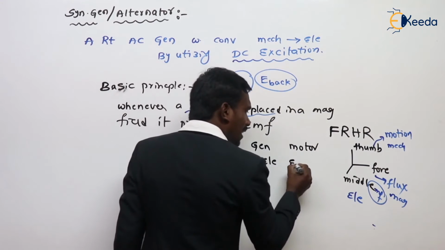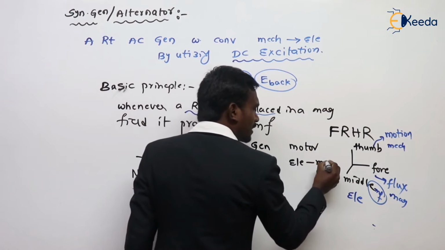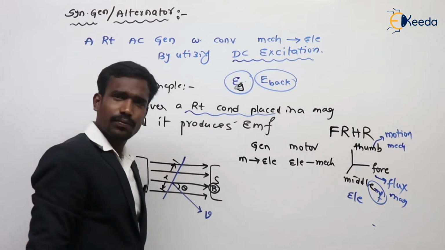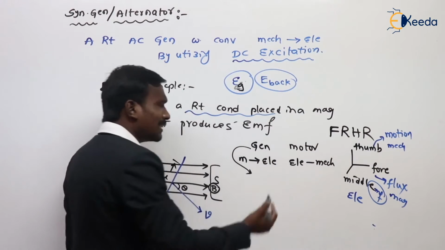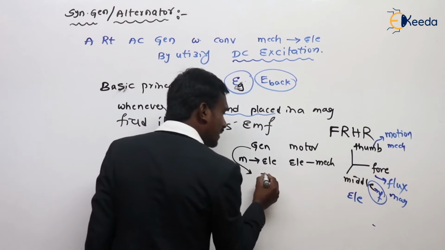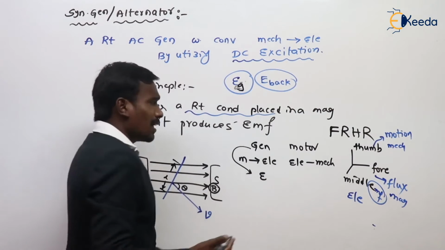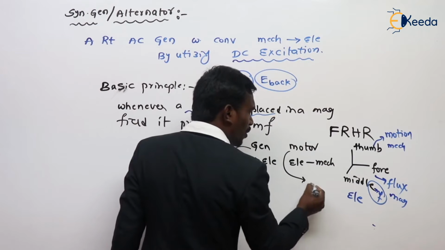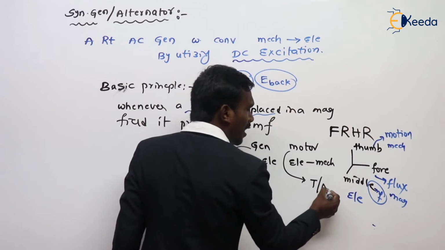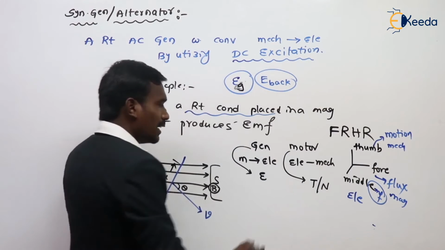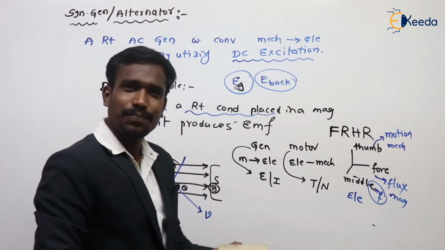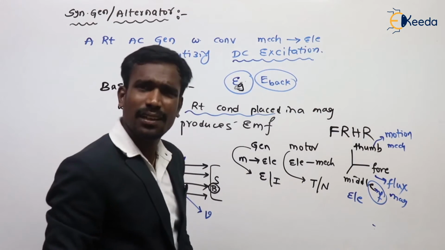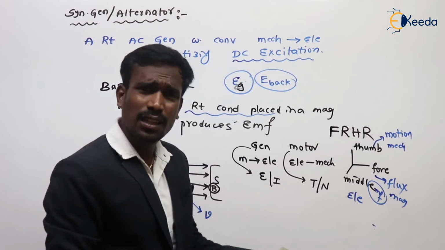In a motor, electrical energy is converted into mechanical energy. The resultant quantity of a generator is EMF or current. The resultant quantity of a motor is torque or speed. This is very clear, right?